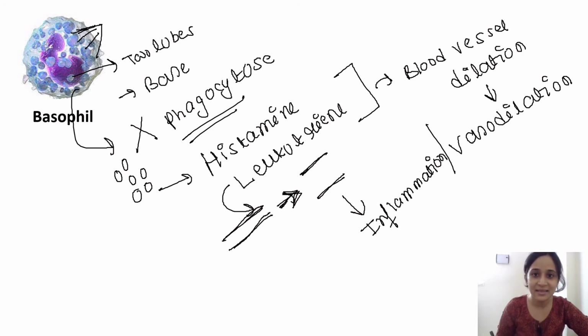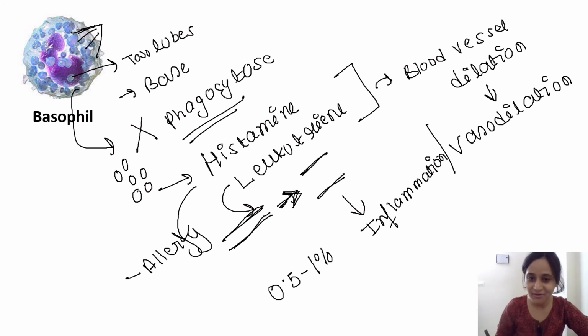And histamine also plays a role in allergy. So they also play a role in allergy, and the range is 0.5 to 1%. So very few, right? You will get only 0.5 to 1% basophil in our blood, because if you have numbers of basophil, then this will be very risky.